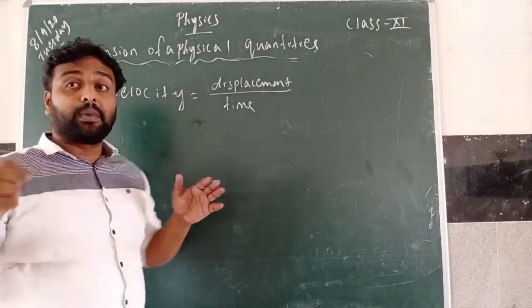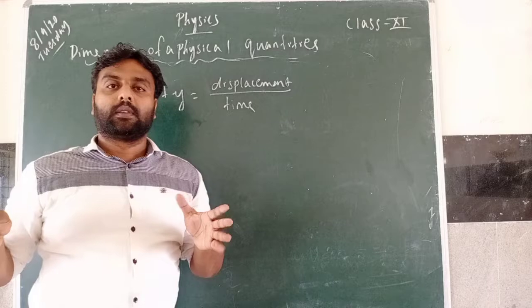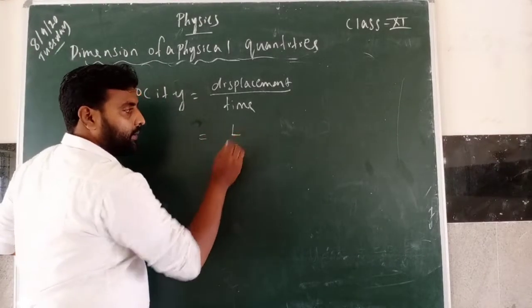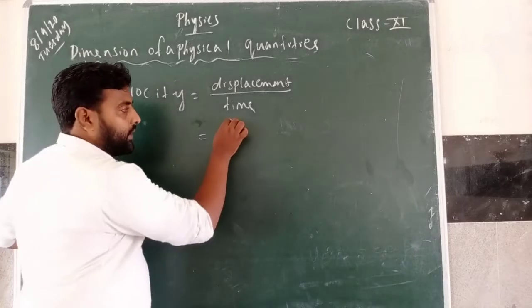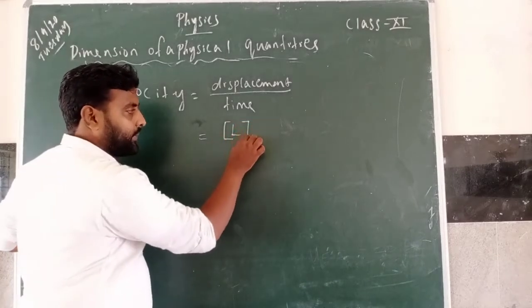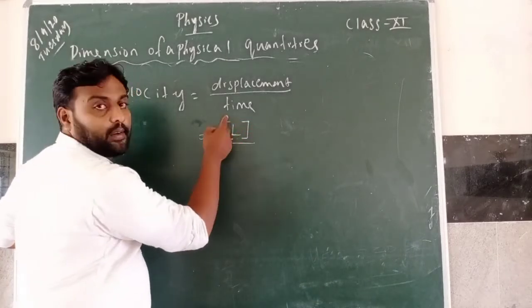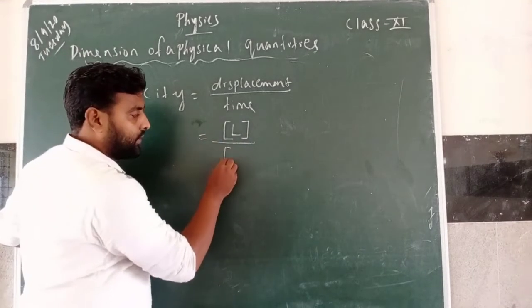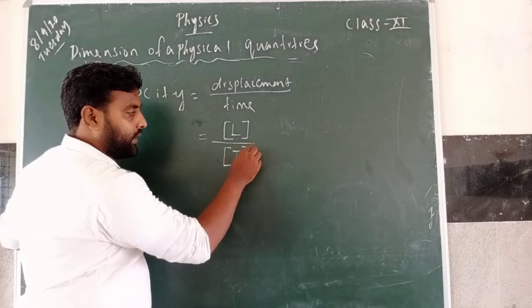We know displacement means some length. So you can use L inside a square bracket, divided by time. Time means you can use the symbol capital letter T.